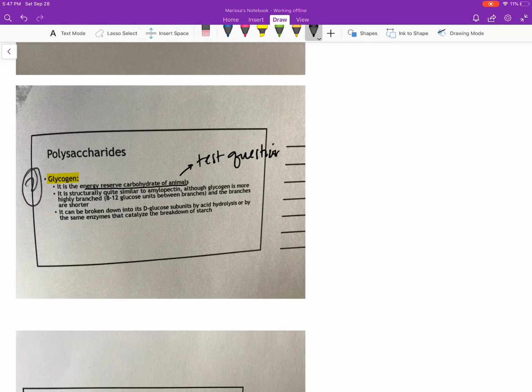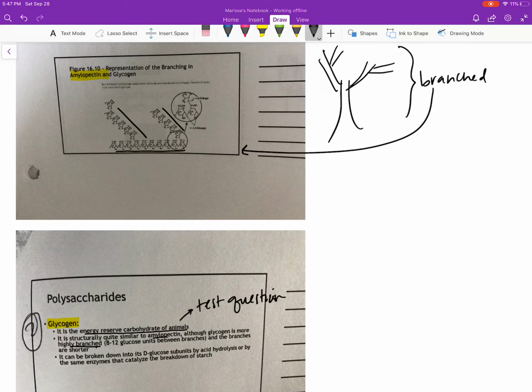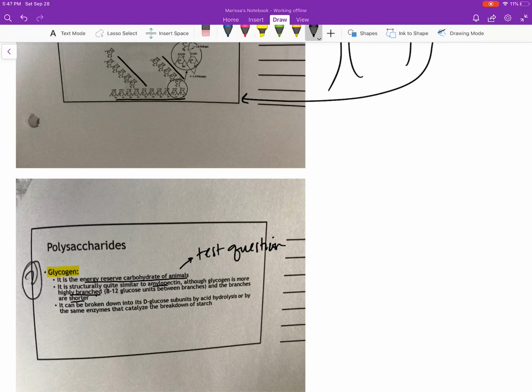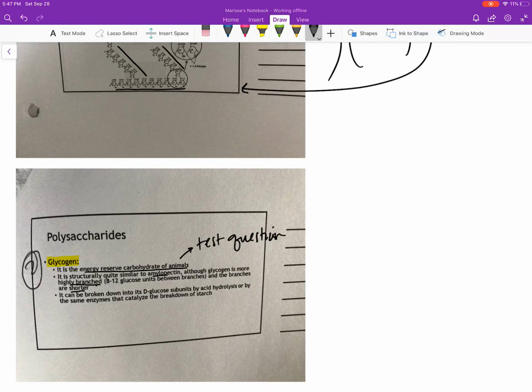It is structurally very similar to amylopectin, though glycogen is considered to be more highly branched, with shorter branches instead of the long branches we see above. Glycogen can be broken down into its glucose subunits by acid hydrolysis or by the same enzymes that catalyze the breakdown of starch. So similar in that sense.